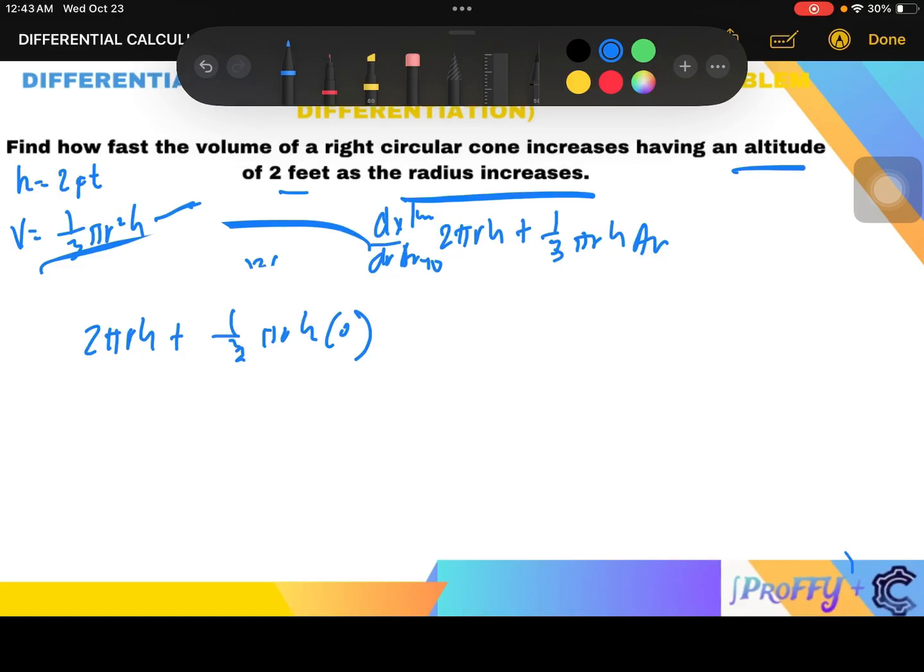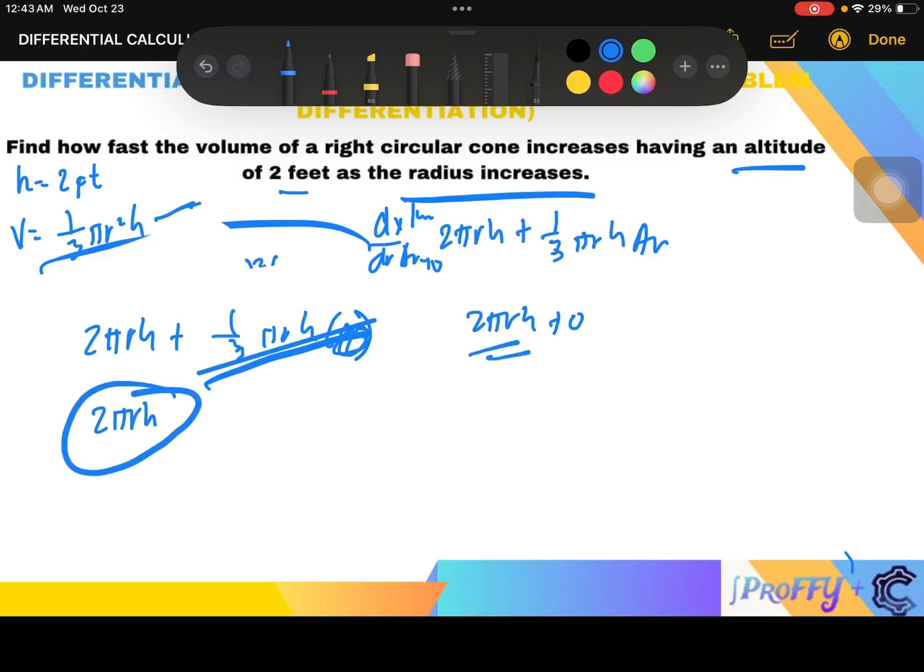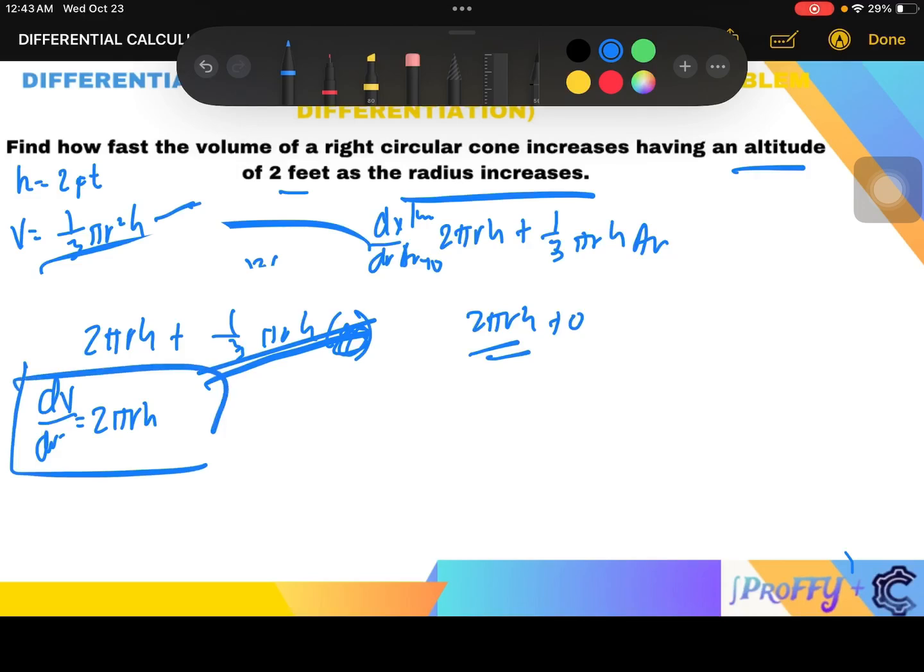So, our answer na magiging sagot natin yan, guys, is this will be cancel, guys. But nag-cancel to kasi 0 siya. Any number multiplied to 0 is equals to 0. So, 2 over 3 pi rh plus 0 is equals to 2 over 3 pi rh. Gets, guys? So, the dv over the delta r is equals to what? 2 over 3 pi rh, guys. Gets?